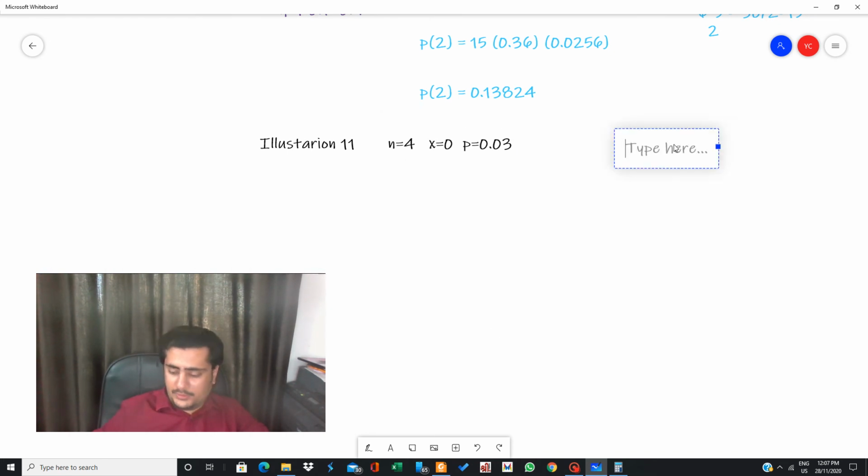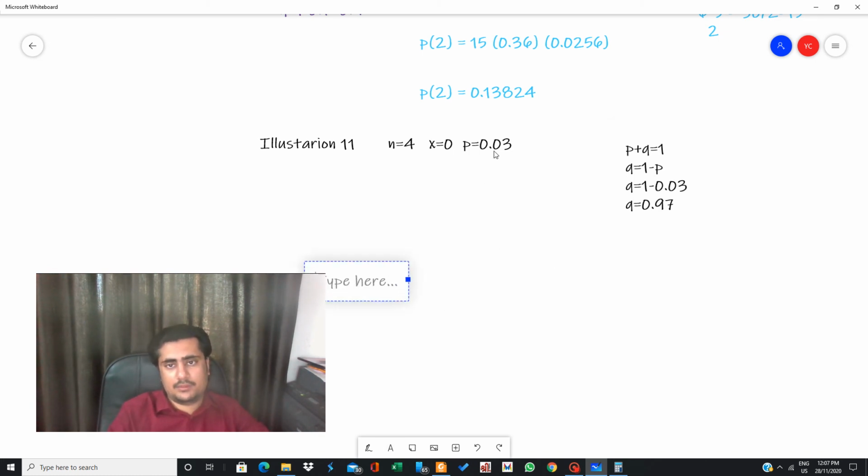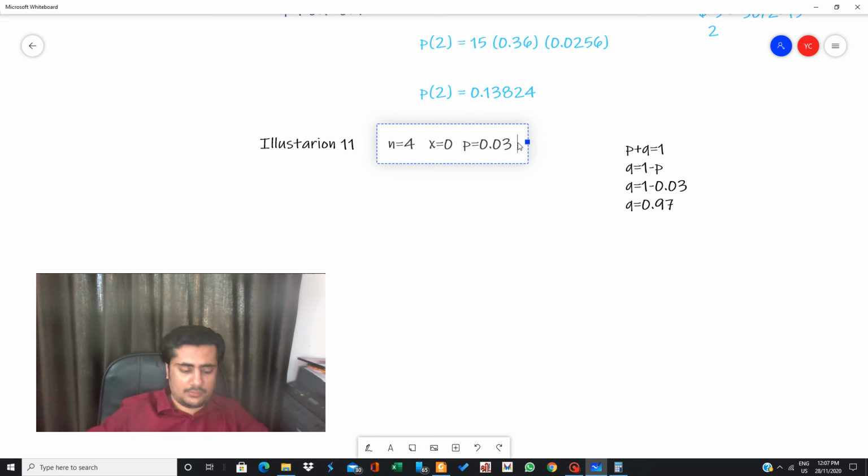You very well know that p plus q is always equal to 1, so q is equal to 1 minus p. So q is equal to 1 minus 0.03. So q is 0.97.